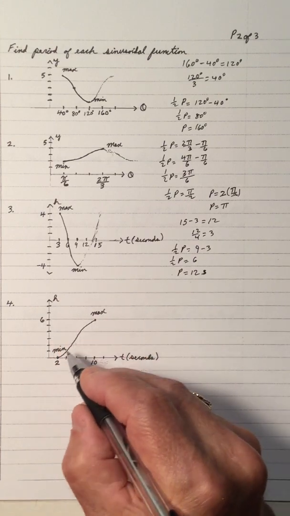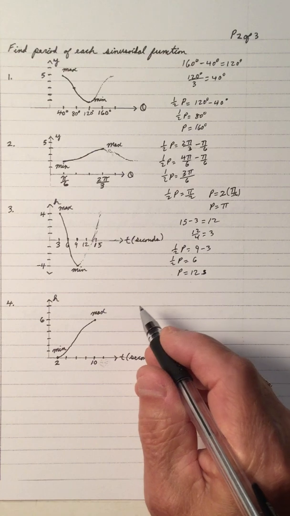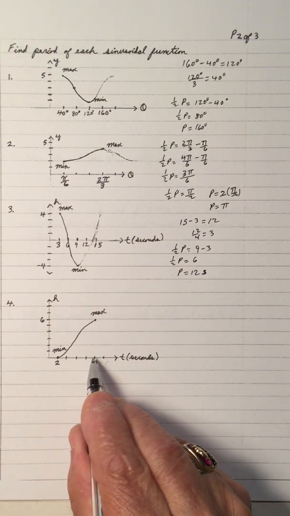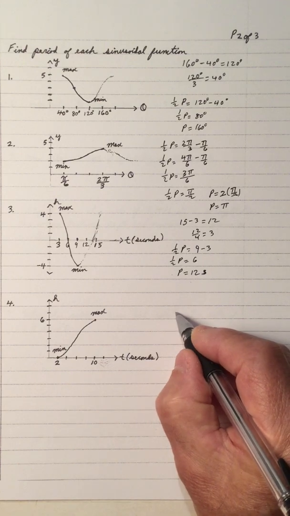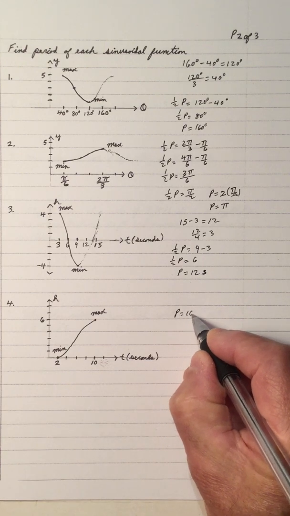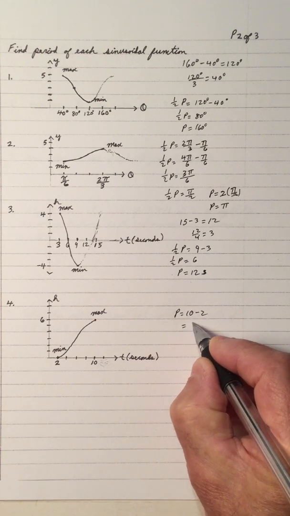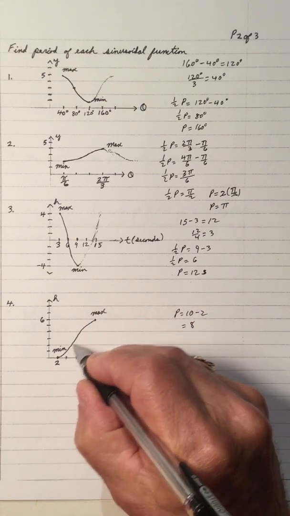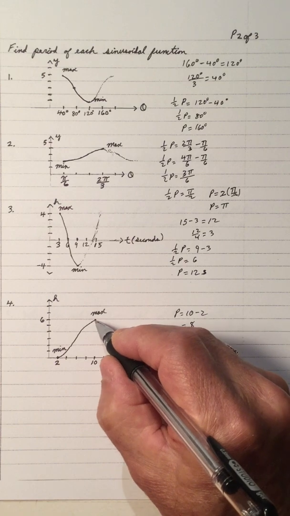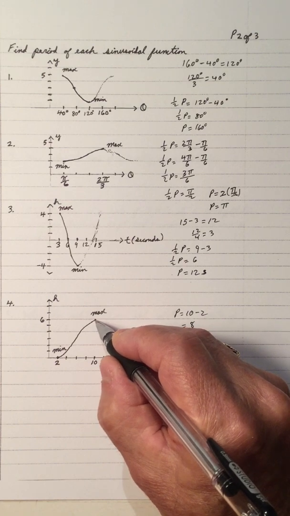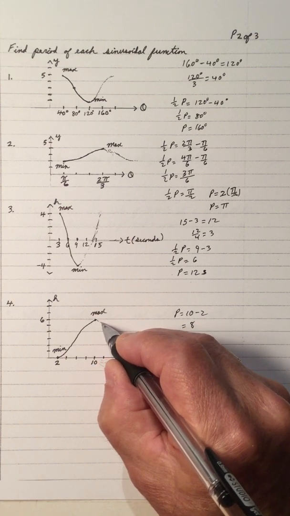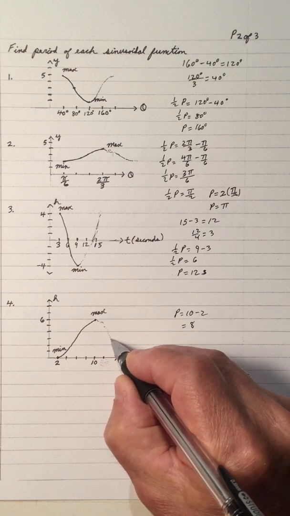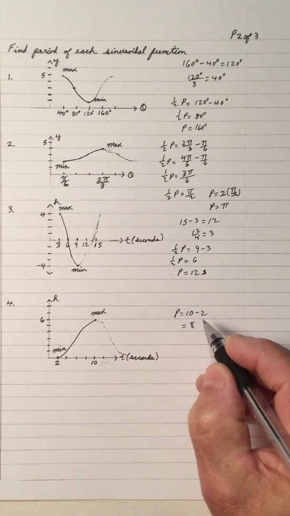Number 4, again, we have a min to a max. And this time, the time starts at 2 and ends at 10. So 10 minus 2 is 8. But that's half the period from 2 to 10. And now the other half is when you come down like this and go over.